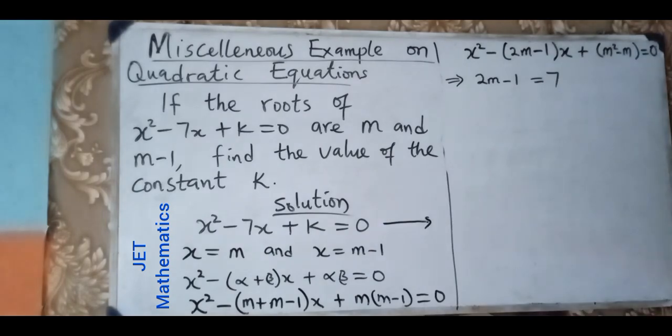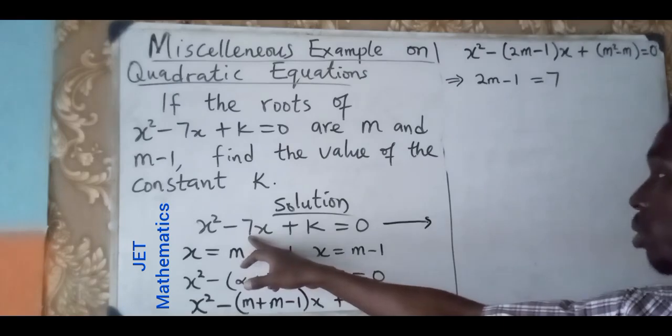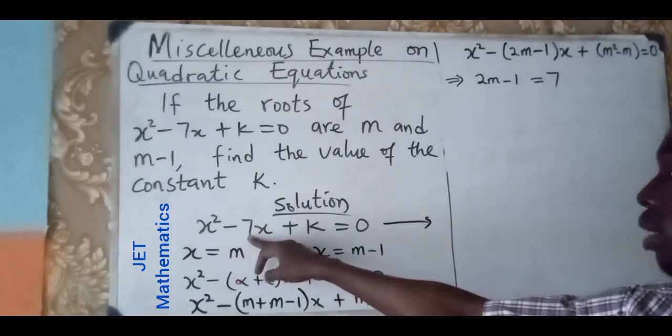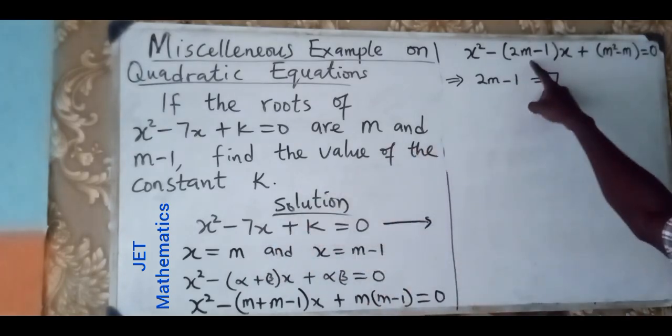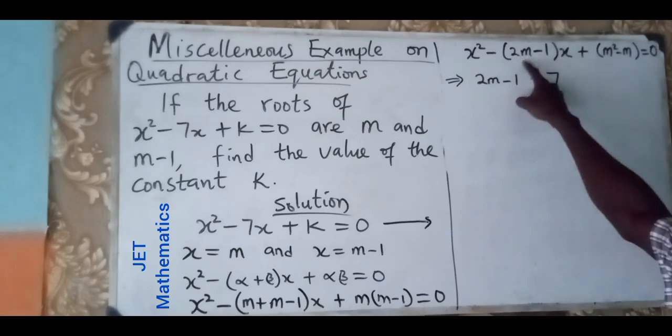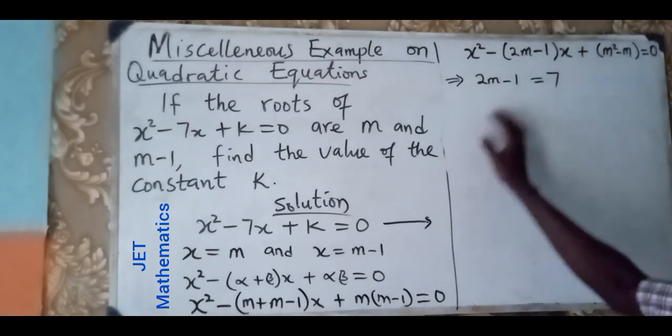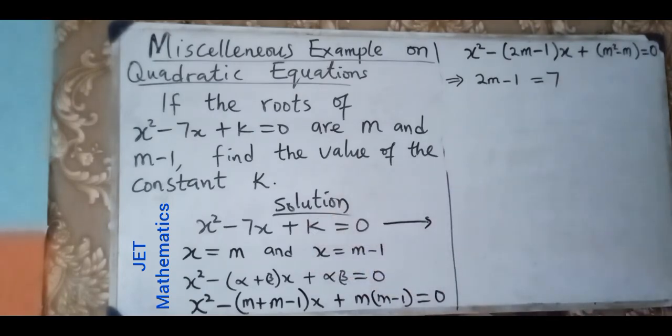The coefficient of x here is minus 7. The coefficient of x here is minus (2m minus 1) in bracket. So 2m minus 1 is equal to 7.